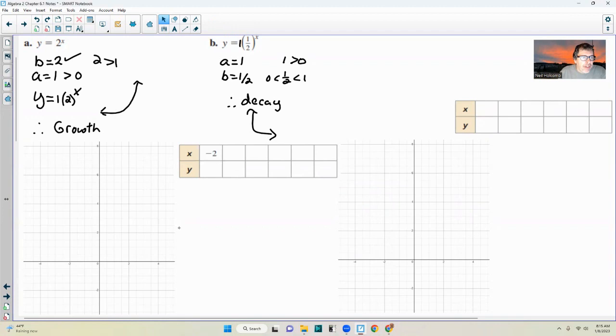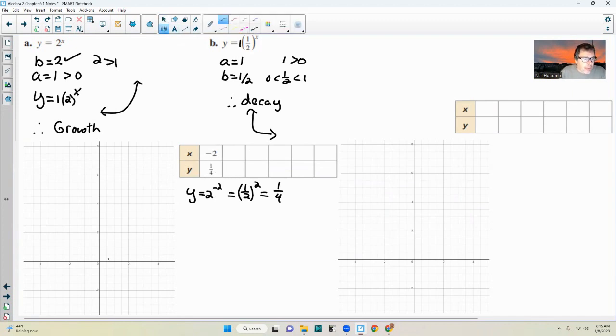So if I start with -2 and I put it in here, now what we're actually doing is y equals 2 to the -2, which equals 1/2 squared. Okay, so to make that a positive, you do the inverse, our rules for exponents, and 1 squared is 1 and 2 squared is 4. So I get a quarter.